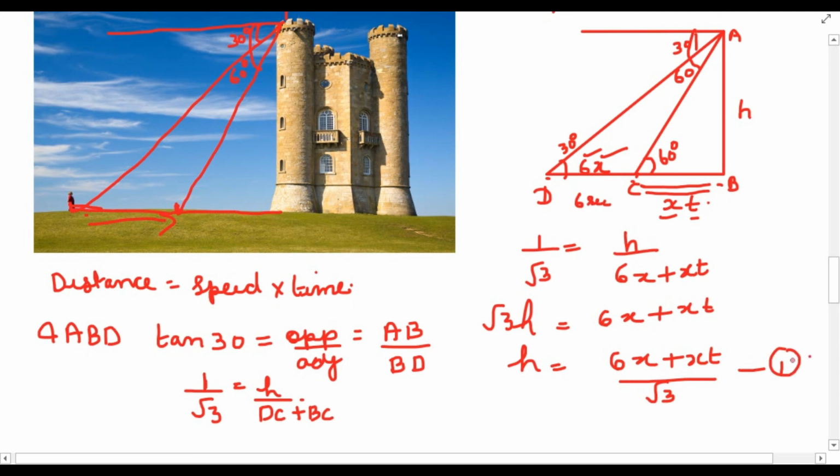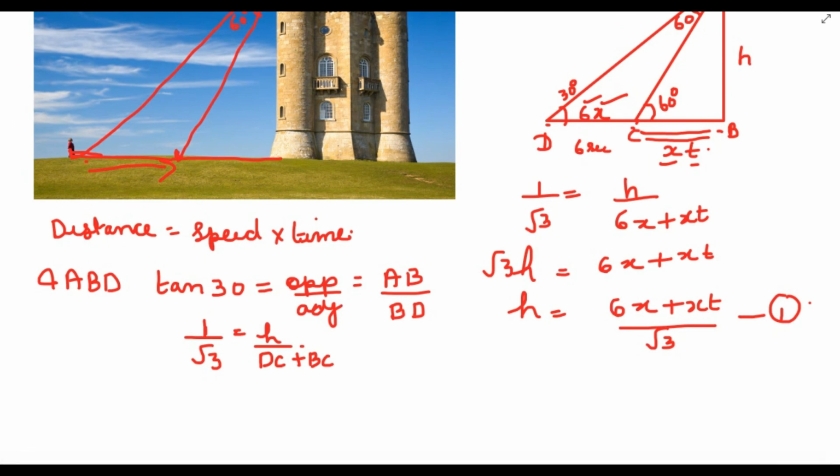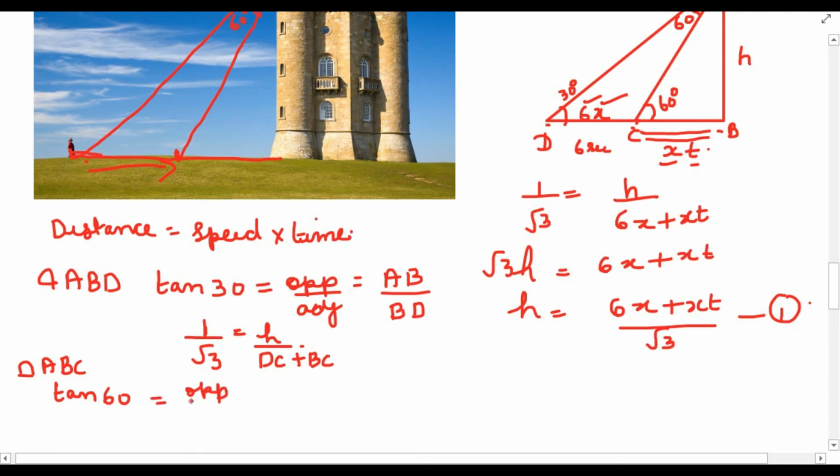Now we will take tan 60. For that we have to consider the triangle ABC. Tan 60 is opposite side by adjacent side. Opposite side is AB, adjacent side is BC.